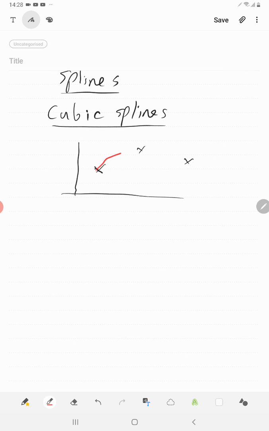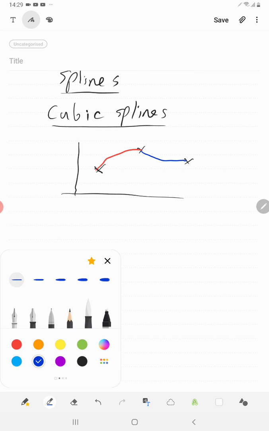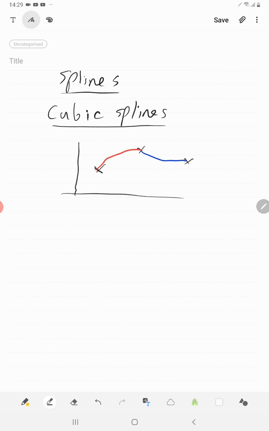This is one line, and then the other line is this one. Let's name this S0 and this S1. So we have two curves, S0 and S1, and both are cubic.